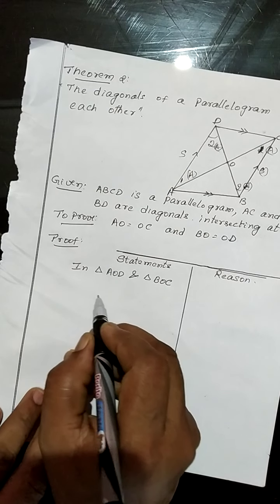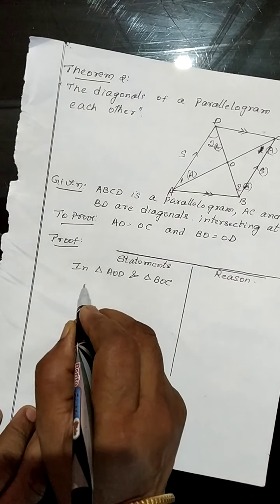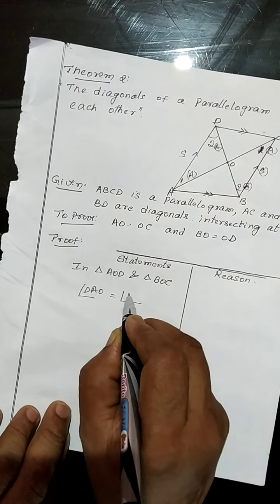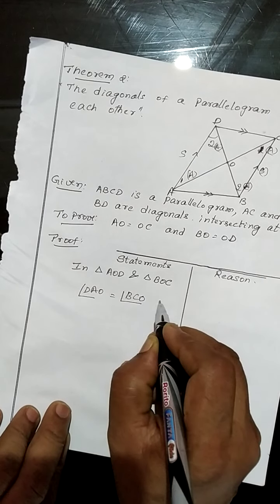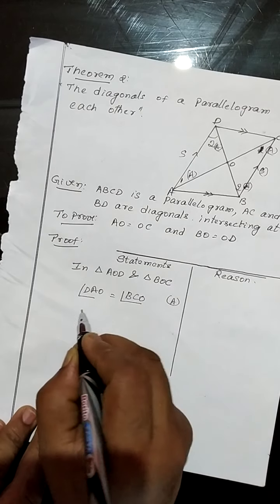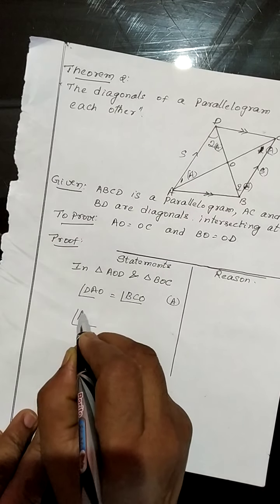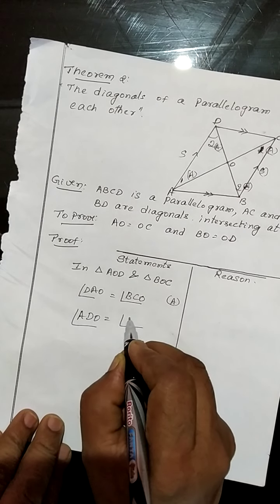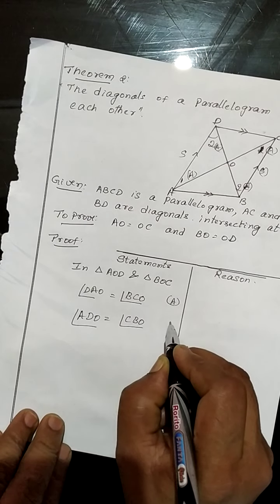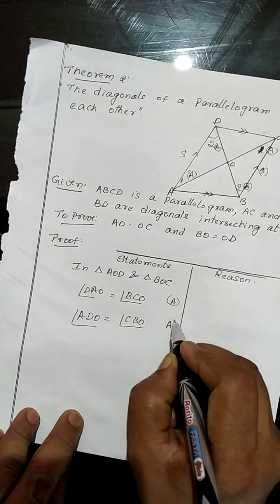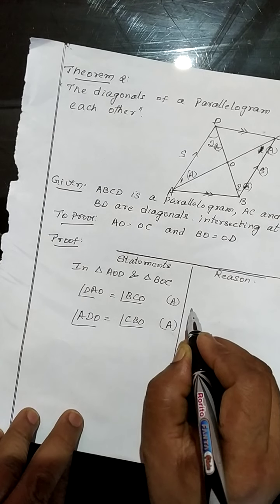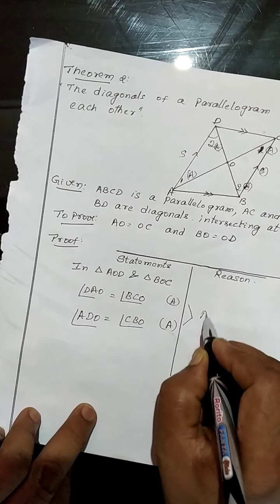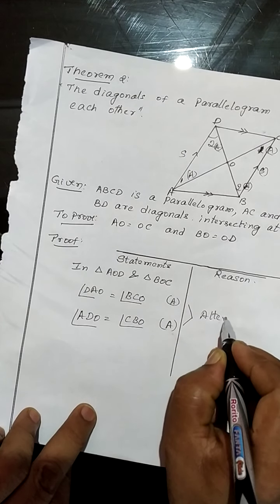So in triangle AOD, what we have mentioned here is angle DAO equal to angle BCO, that is one of the angles, and angle ADO equal to angle CBO, this is another angle. Both the angles are equal. We have taken only a single reason, that they are alternate angles.